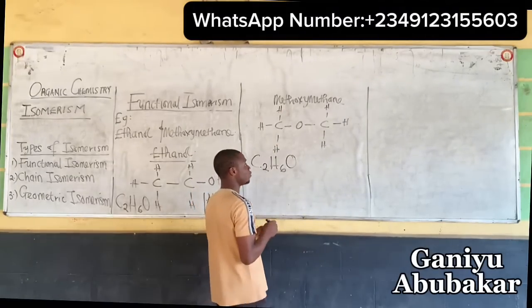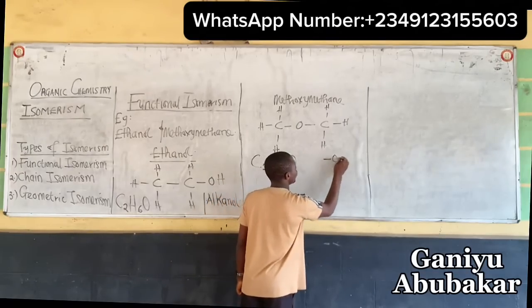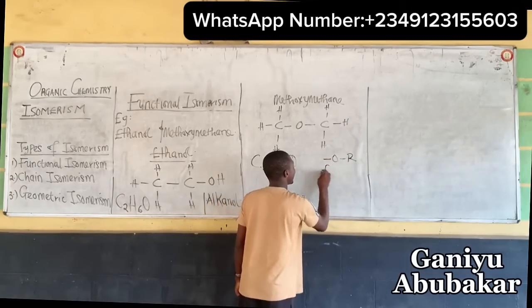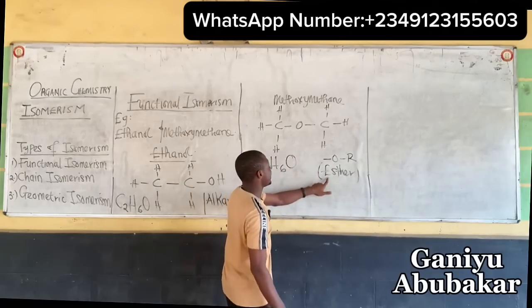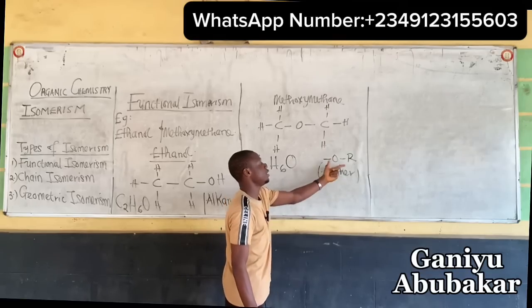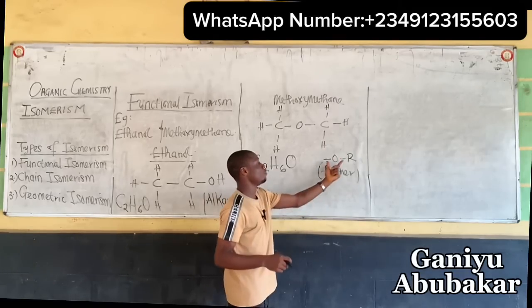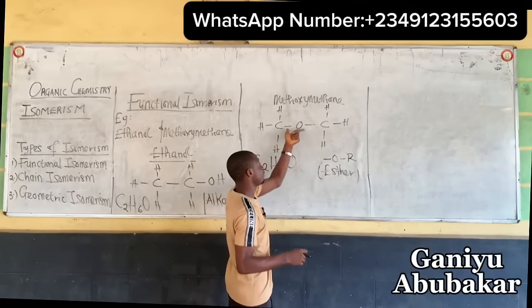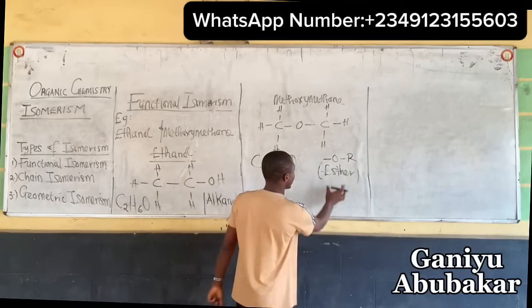Let's get the functional group. Of course, there's a functional group of this nature, and this is what? Esters. So the functional group here is esters, right? The functional group is of this nature, and that's what I'm having here. The R signifies the carbon, right? So that's esters here.